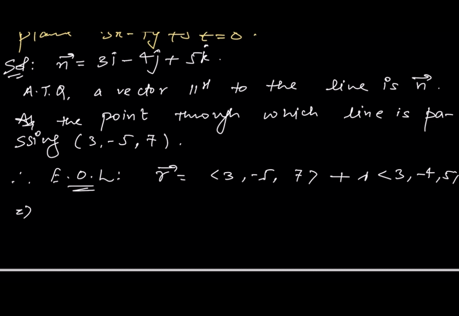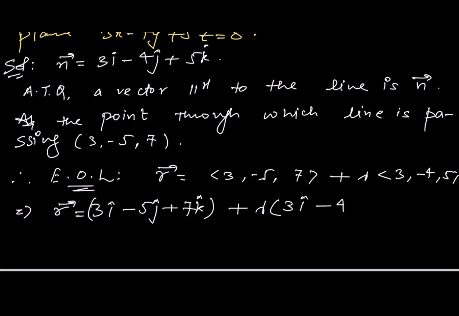Or r vector is equal to 3i cap minus 5j cap plus 7k cap plus lambda times 3i cap minus 4j cap plus 5k cap, where lambda belongs to R, real numbers, okay?